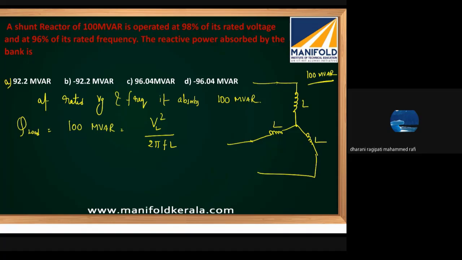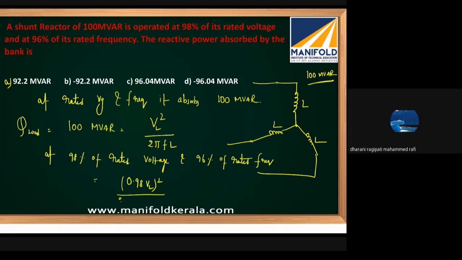Now, what happened? At 98% of rated voltage and 96% of rated frequency, how much will it absorb? Your VL will be replaced by 0.98 VL, squared, divided by 2 pi L into 0.96 f.